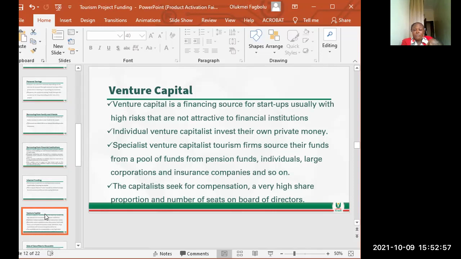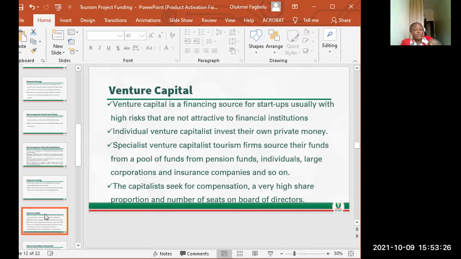And the type of fund that we source from this group of people or companies is called venture capital. But one thing is that when they are lending you money, they are seeking compensation. And they might want a very high share proportion of the profit. Let's say if the profit is 100%, they might be demanding like 60%.